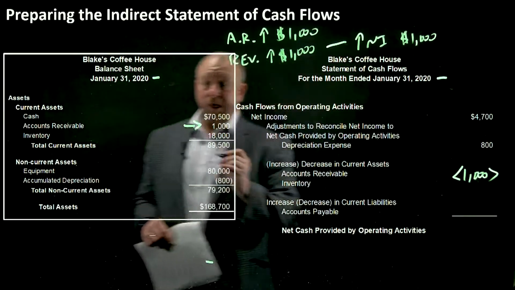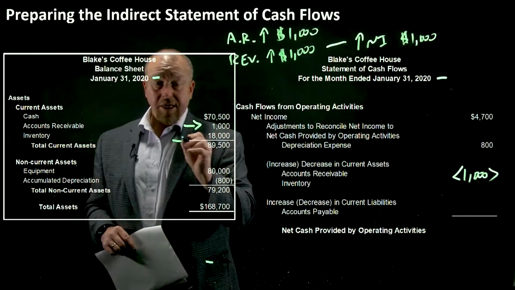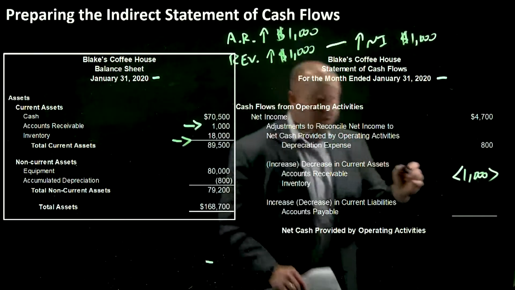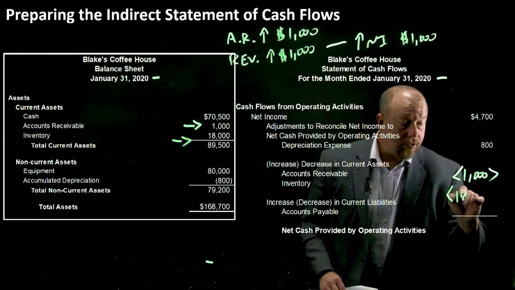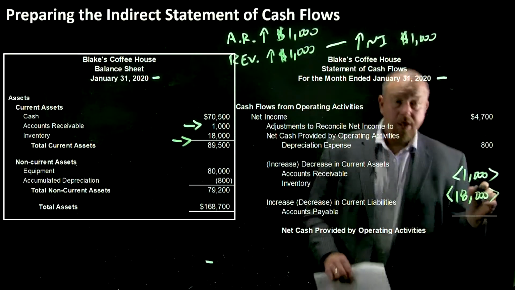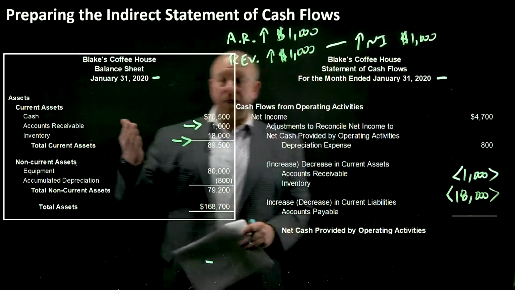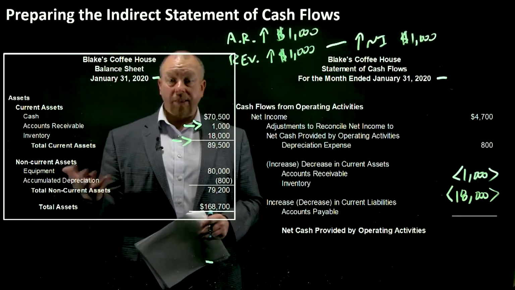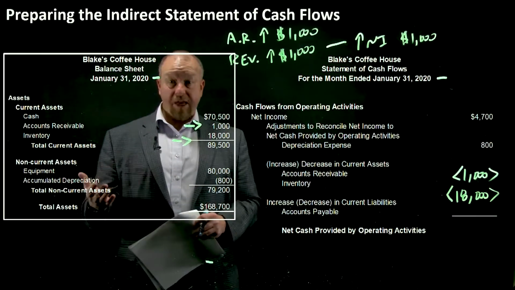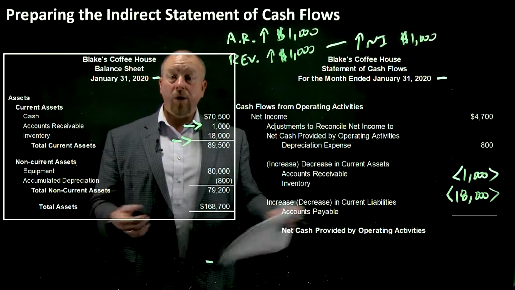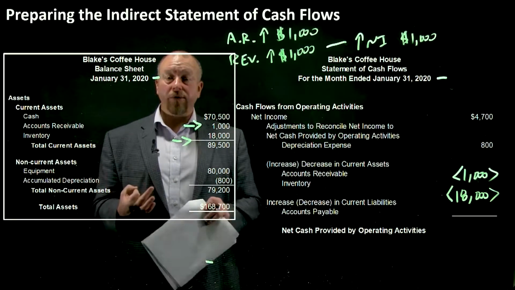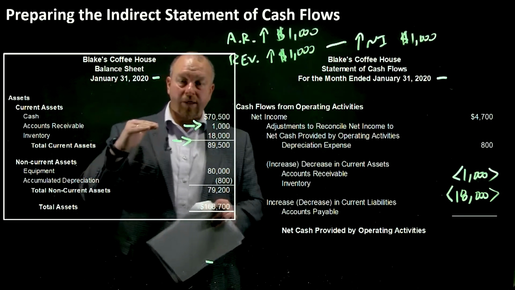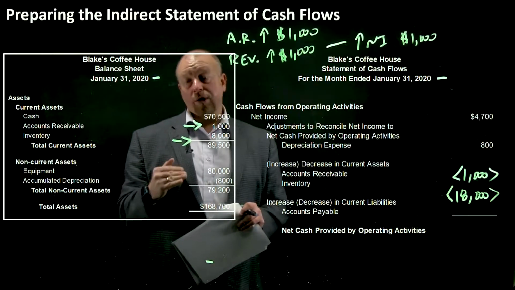If any other current asset, such as inventory, increases, you're going to subtract that as well. And if we had other assets on here, like prepaid expenses as just one other example, if that increases, subtract that too. So once you know what to do for accounts receivable, you can use that to develop a roadmap for any other current asset.